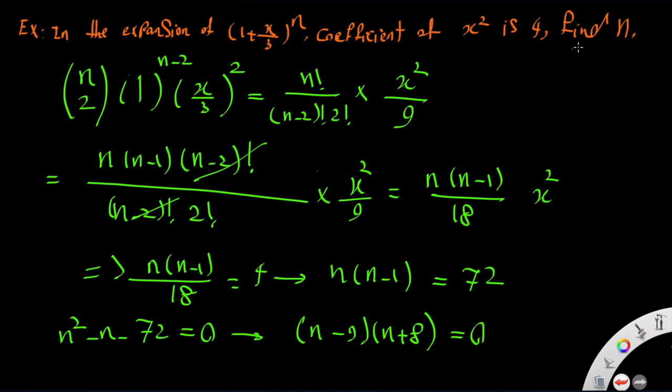I forgot to add in the question that n is a positive integer. So n is 9 or negative 8. Negative 8 is not acceptable because it's negative, so this is the acceptable answer. So n will be 9. Let's see one more example.